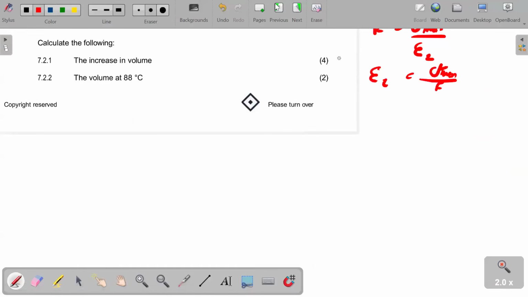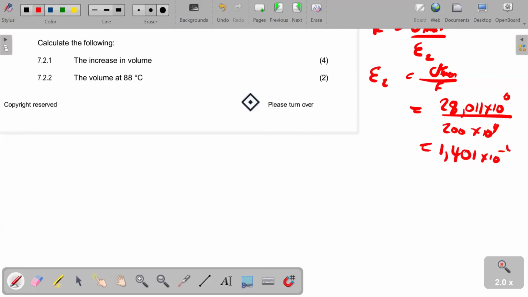So that in turn is going to give us what? Remember, the minimum stress, we got it as 28.011 times 10 to the power of 6. Divide that by 200 times 10 to the power of 9. That in turn gives us 1.401 times 10 to the power of -4.